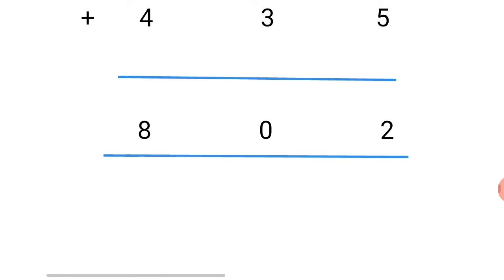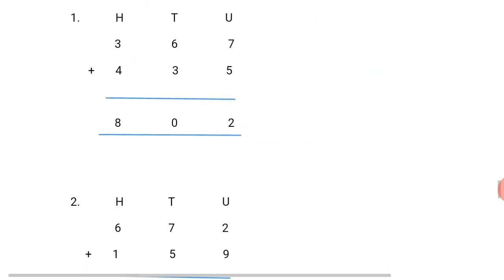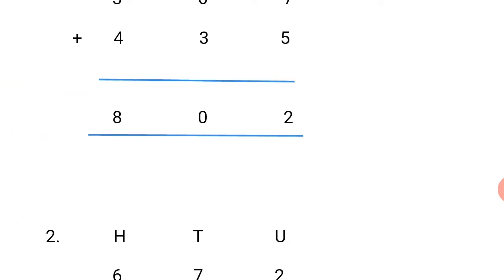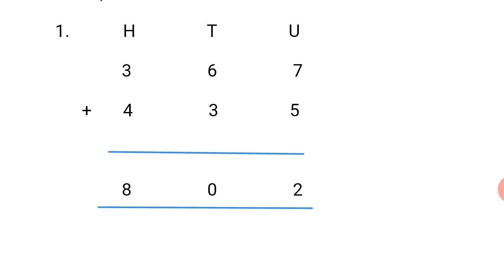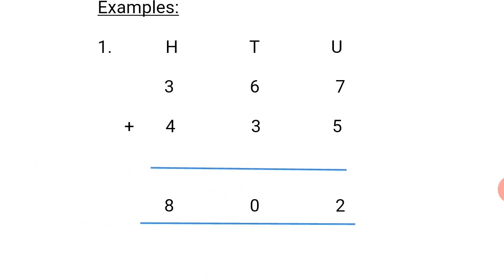Can you see how these two questions are solved now? Can you see how they are solved? Okay, that means if you are given any question on addition of 3-digit numbers with regrouping, you are going to solve the question this way.